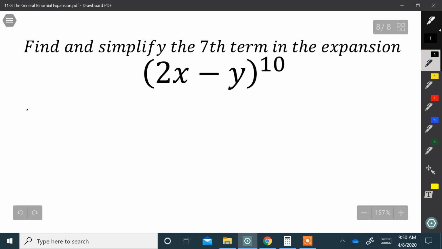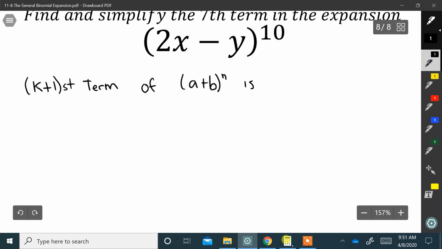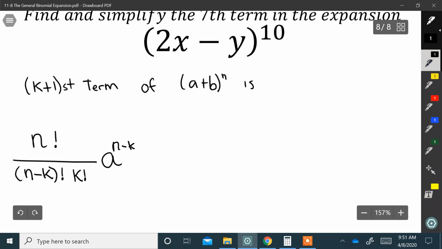Remember, the formula is k plus 1 term of a plus b to the n is, and I'm going to write it on the bottom here, n factorial over n minus k, then k factorial, then n minus k, and then b to the k.